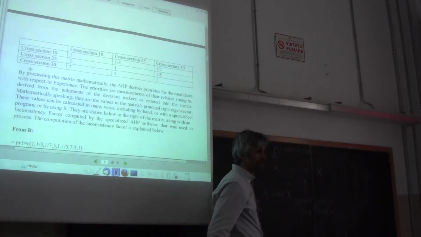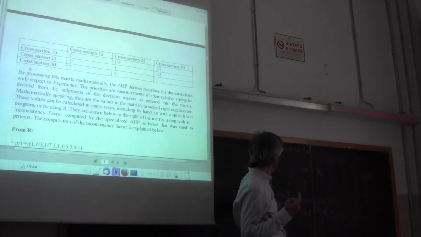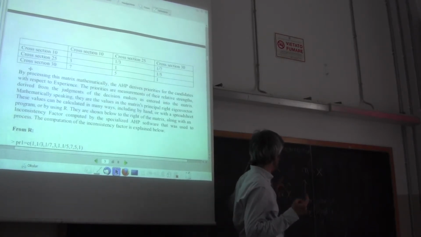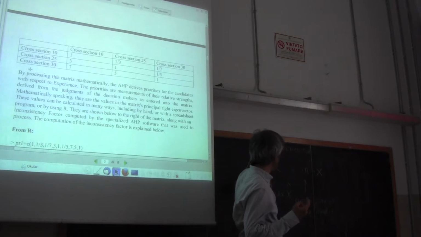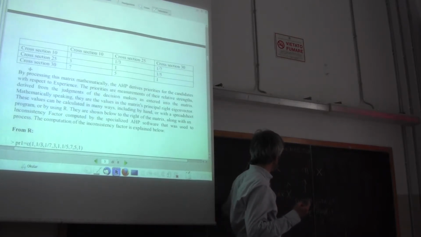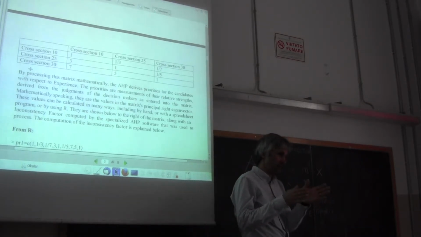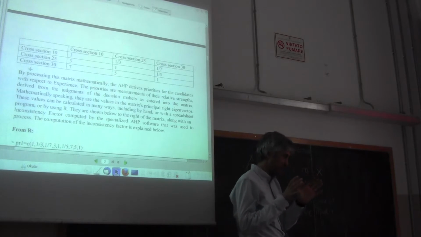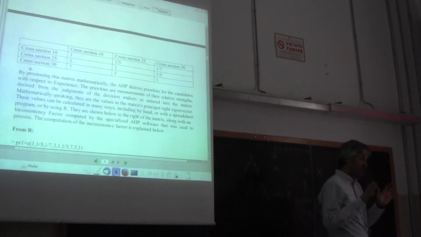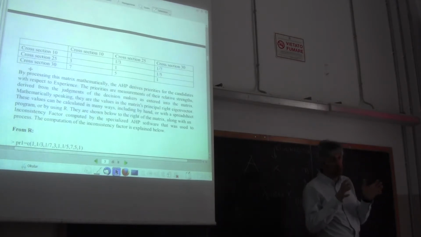This lambda, which is the maximum value in the eigenvector, this lambda should be very close to n, to the dimension of the matrix. Meaning if the matrix is fully consistent, it should be equal to the dimension of the matrix.